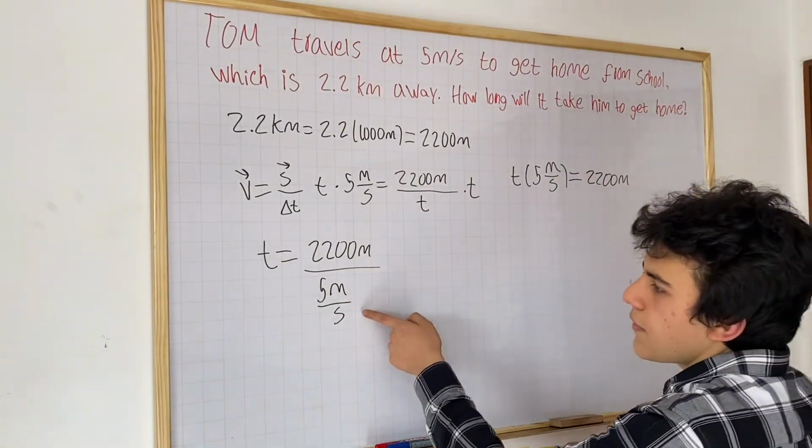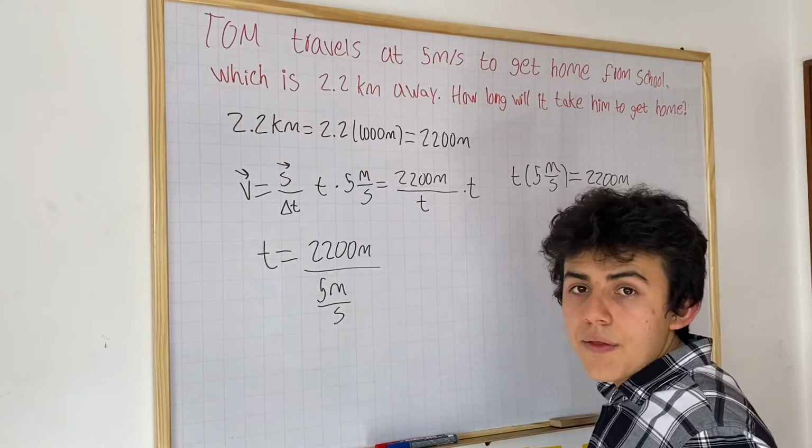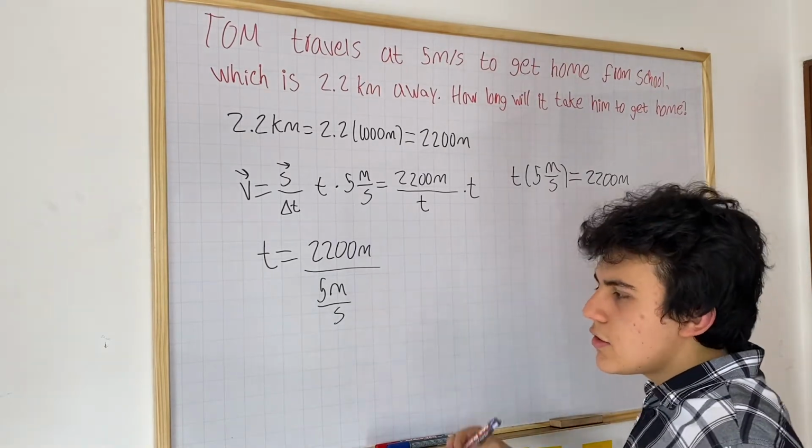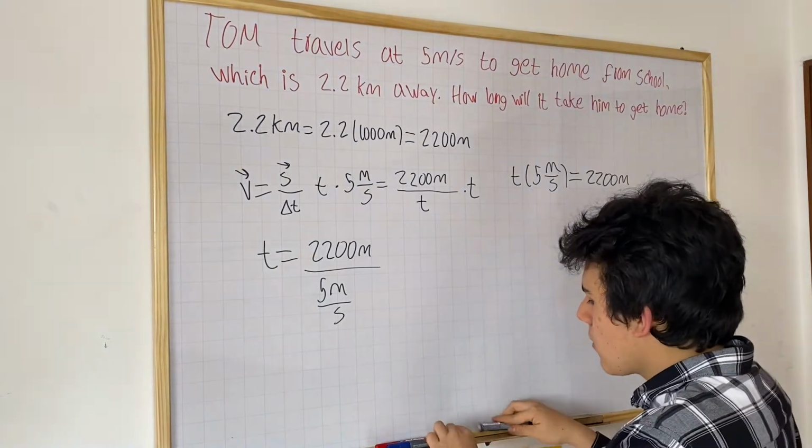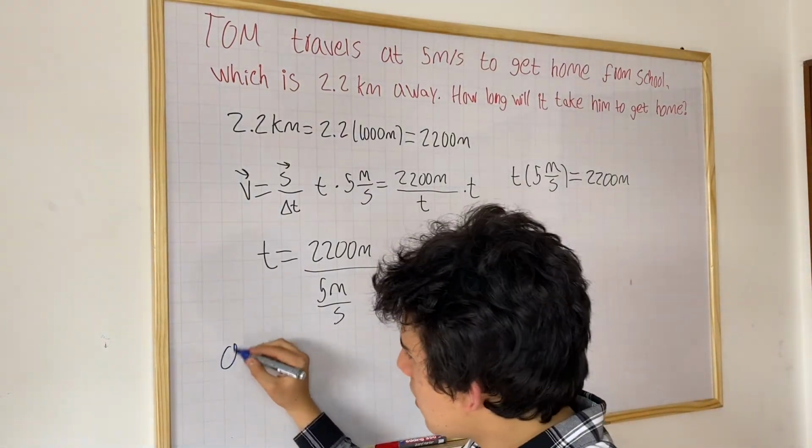Now here we have a fraction dividing another number, and what we can do in this case is just simply multiply by the inverse. Okay, if you do not remember that rule, is this one.